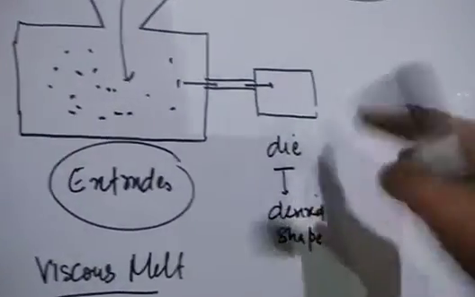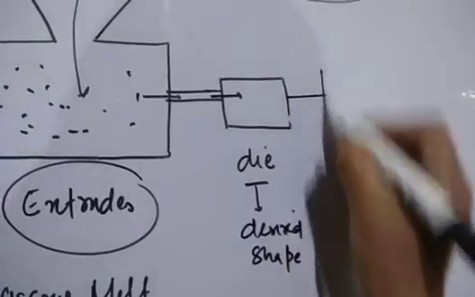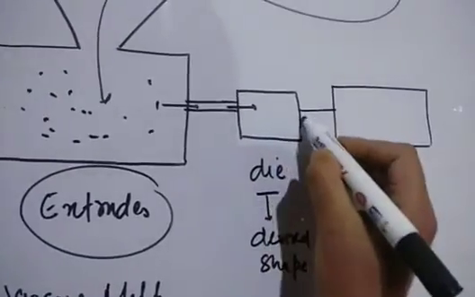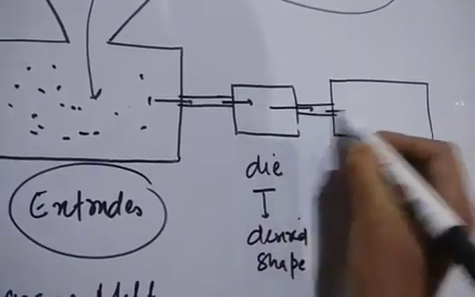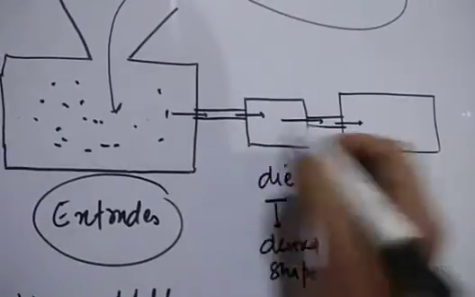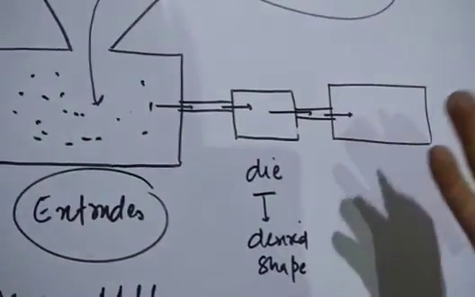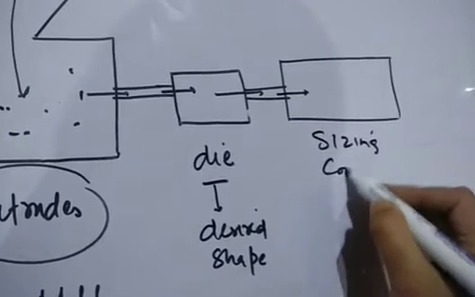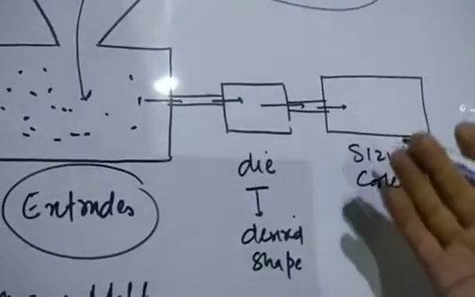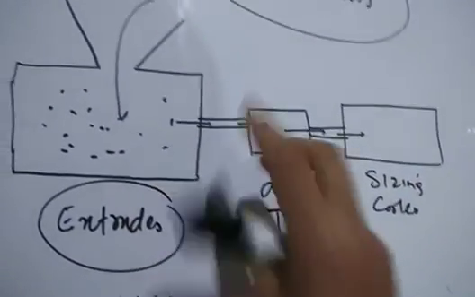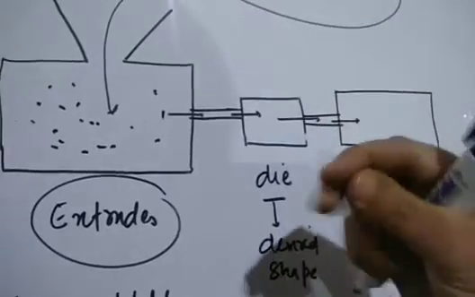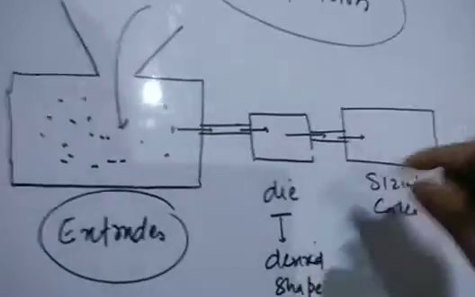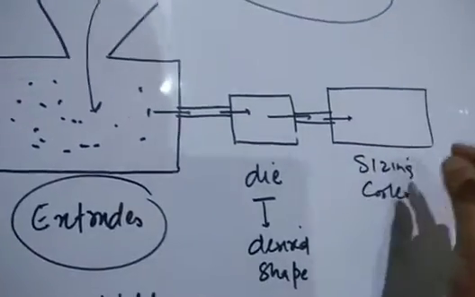Fine. उसके बाद die के बाद हमारा जो तीसरा component होता है, यानी polymer जाता है into a component called as sizing cooler. तो sizing cooler में क्या होता है, यहाँ पे sometimes जो die में प्रोडक्ट बन जाता है उतना क्लियर नहीं होता है, उसकी शेप में that needs some more corrections, that needs some more finishing. तो वो finishing यहाँ पे आ जाती है sizing cooler में.